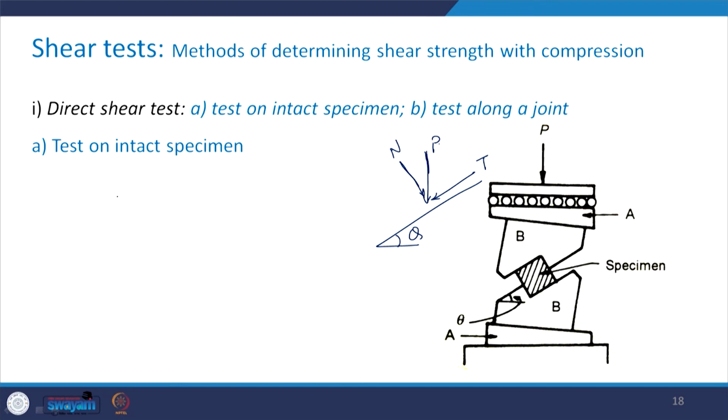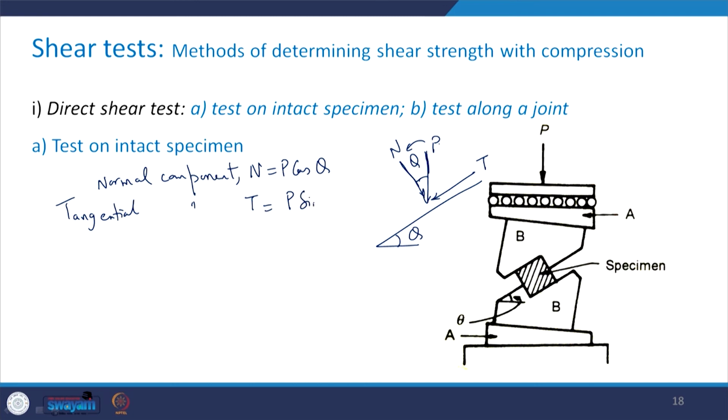So, the normal component, which is say N, see this angle is theta, so this angle will also be theta. So, its component will be P cos theta, and then we have the tangential component, that is T, which will be P sin theta. Now, the area along which the failure is assumed to occur is L by D.